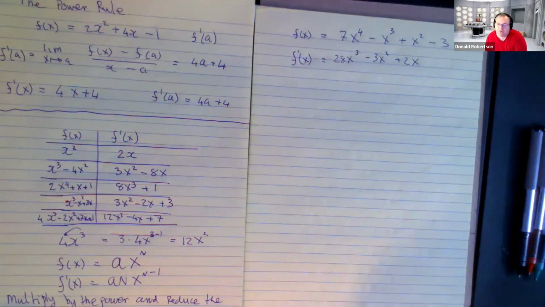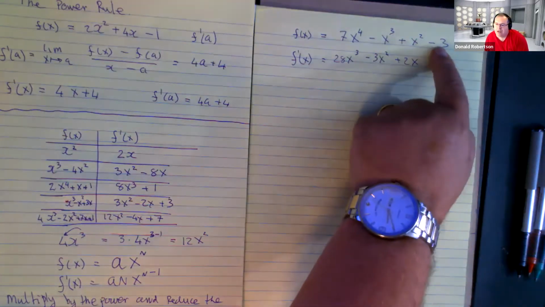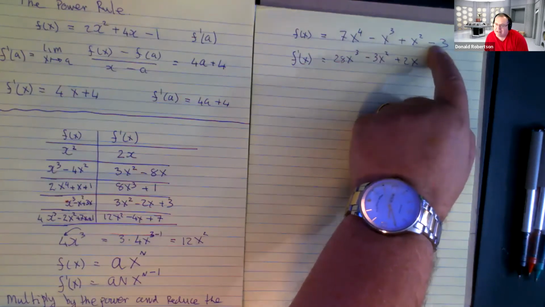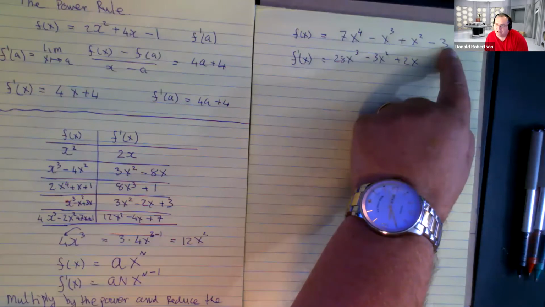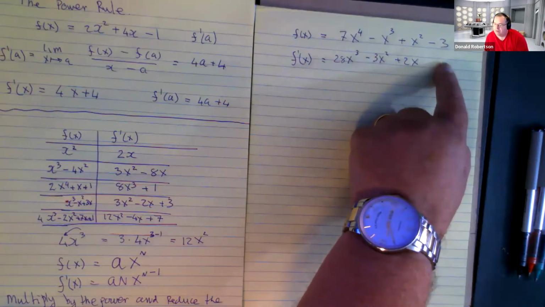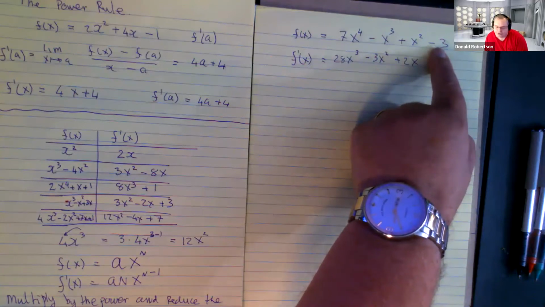And then we have to deal with two special cases. This is one of them. You get a number like plus 5 or minus 3. When you find the derivative of any number, its derivative is 0. And we don't write plus 0. So the derivative of a constant is always going to be 0.